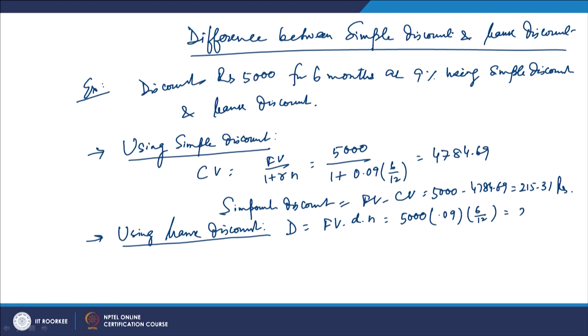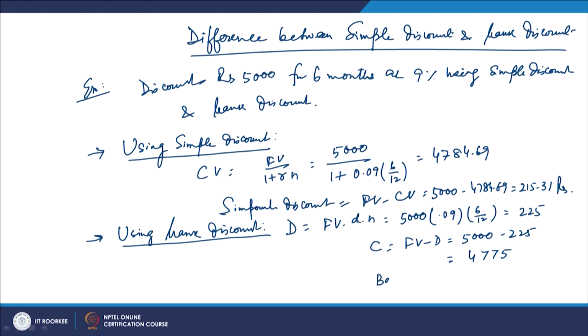So, it will be 225. Now, in this case the proceeds will be FV minus D. So, FV minus D will be 5000 minus 225, so it will be 4775.